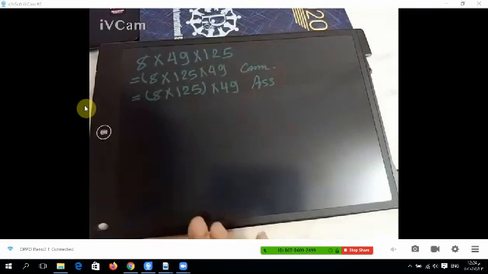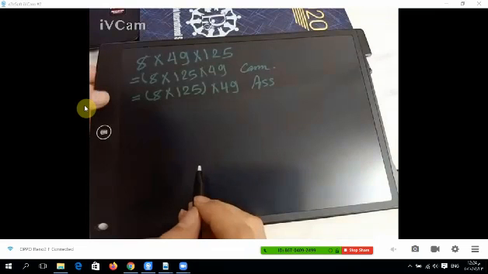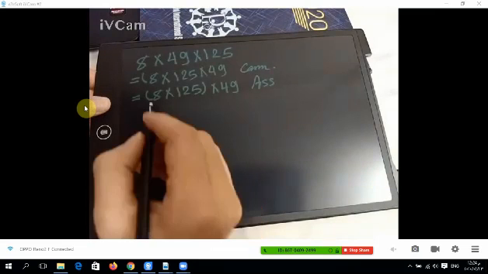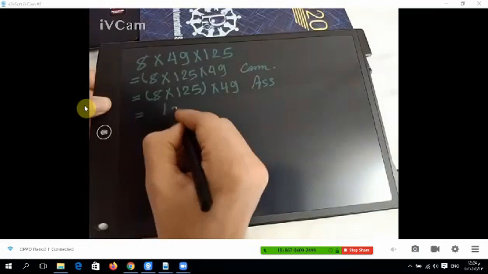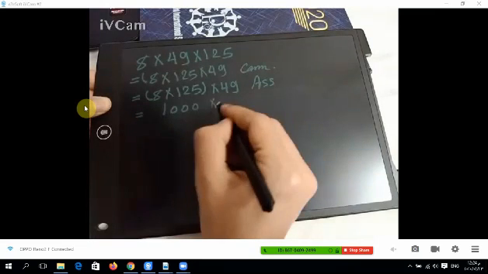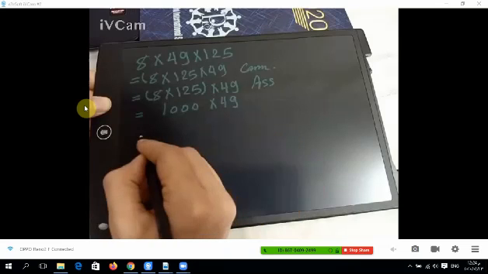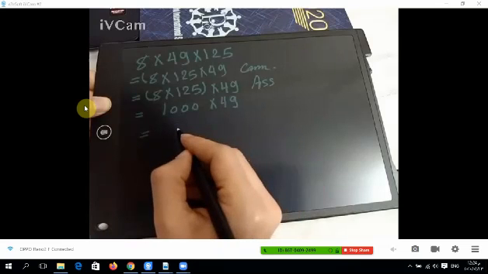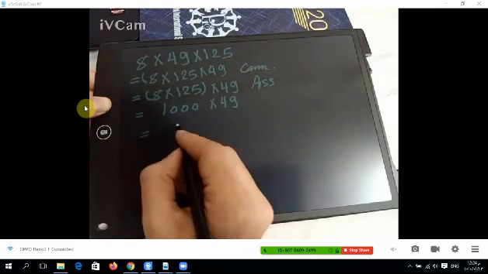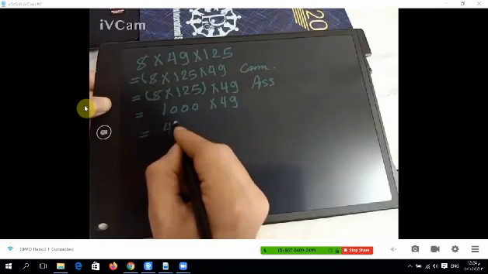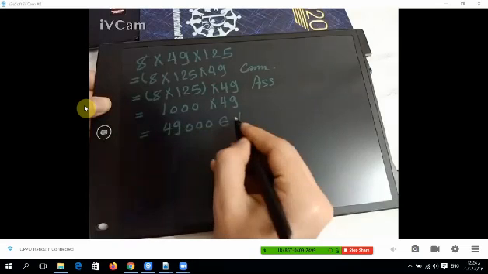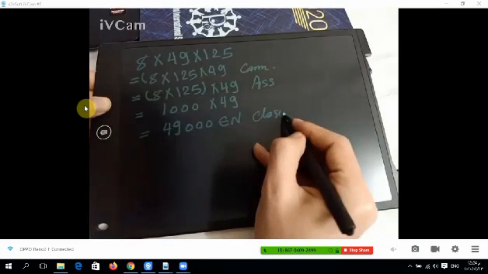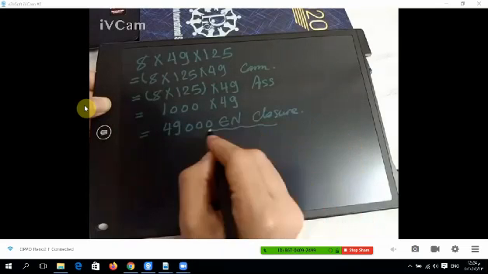Okay, then what will you do? 8 multiply 125 equals 1000. Yes, 1000 times 49, and this equals 49,000. 49,000, and it belongs to N, so it's closure. Thanks, Ahmed. The next question.